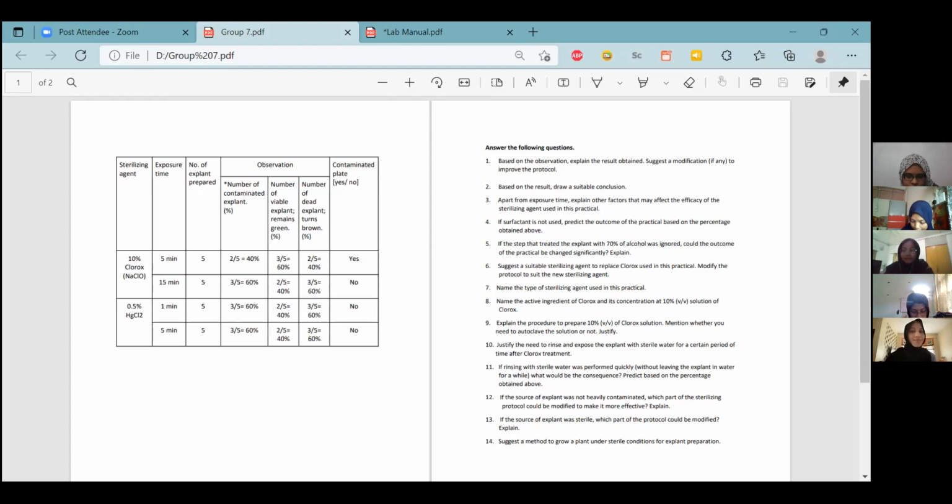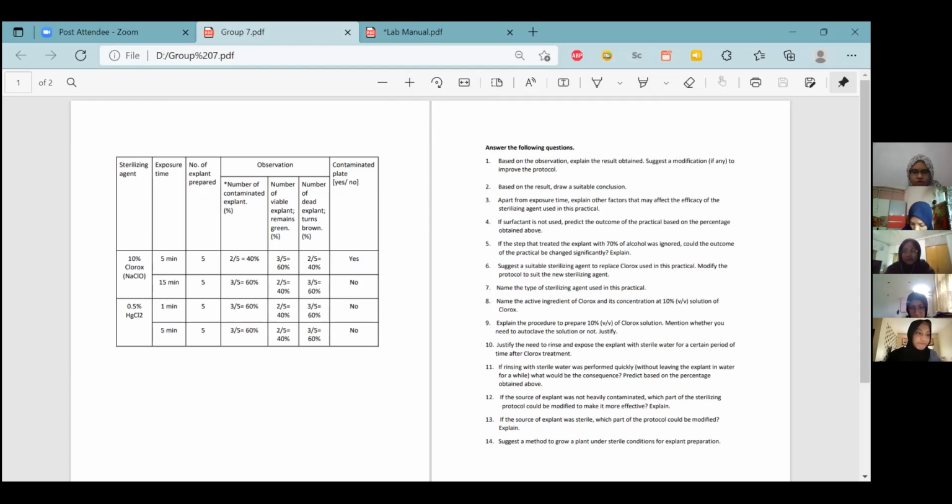And we need to treat the explant with the HgCl2 solution for about 4 to 5 minutes, followed by 3 distilled water rinses. Do you have any question? No? I'm sorry, I'm not sure about the 0.5%. I did not find it.